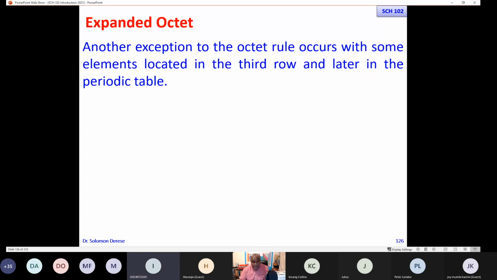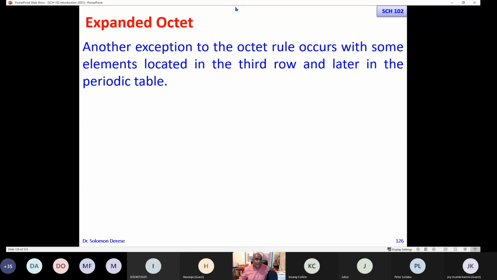Okay. So the other exception is the expanded octet, meaning there are some elements that, when they form a chemical bond with other elements and you count the number of electrons around them, you'll find that they have more than 8 electrons.